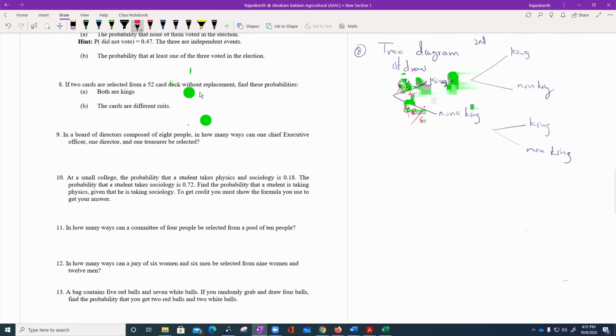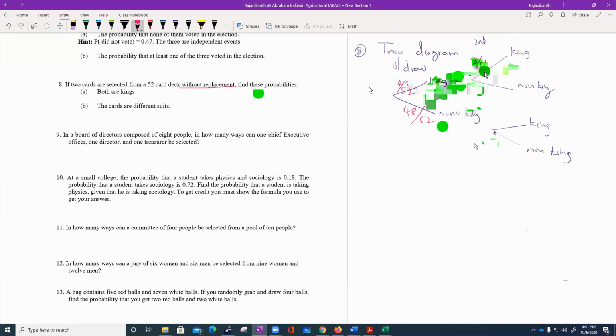Now, the problem was without replacement, right? You are taking 1 card and you are not putting back. Therefore, the second chance, if you choose king for the second time, remember you assume that first time you already have taken king. Therefore, here 1 is less, right?